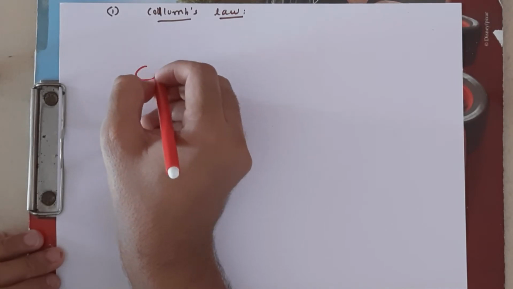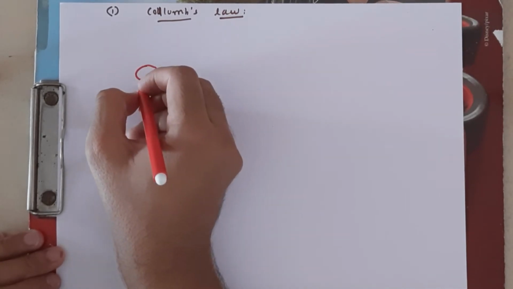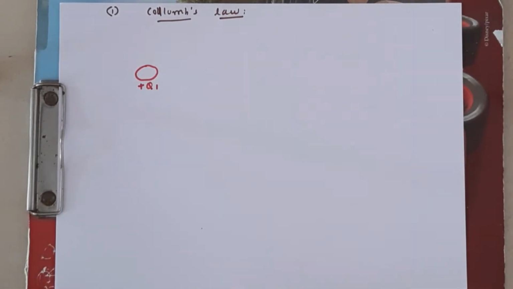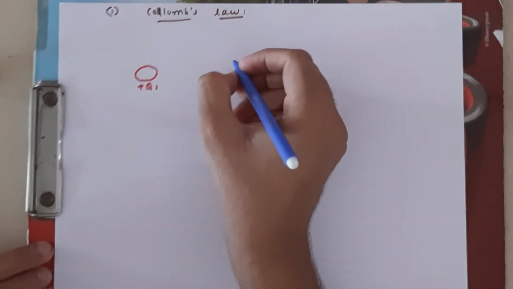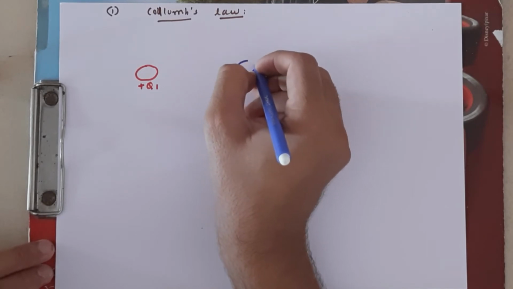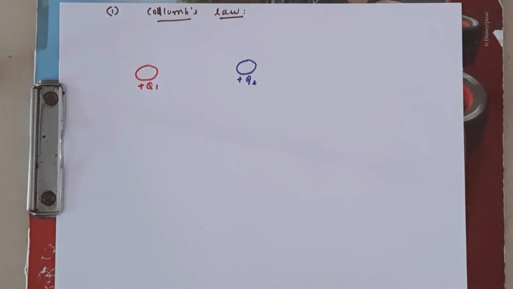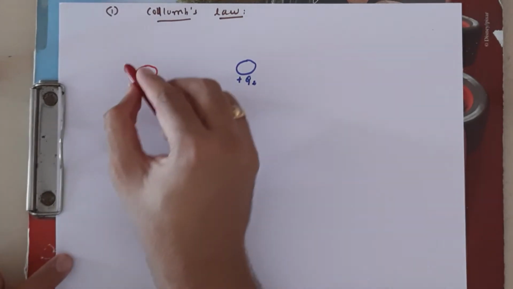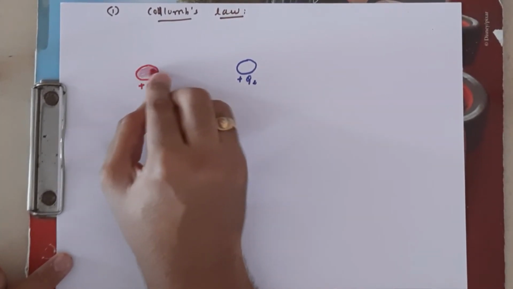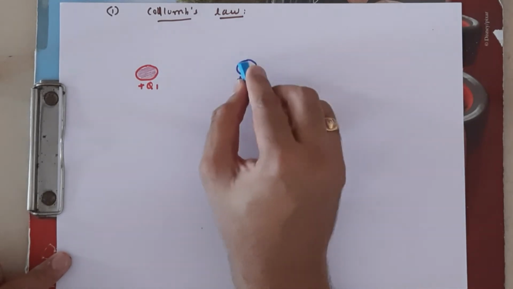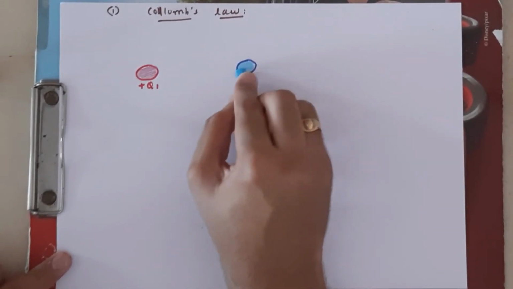I have to draw that figure again. This one is plus q1 charge, and the next charge is plus q2 charge, or you can consider minus q2 also, but here it's a plus q2 charge. Both charges are considered static or fixed charges.